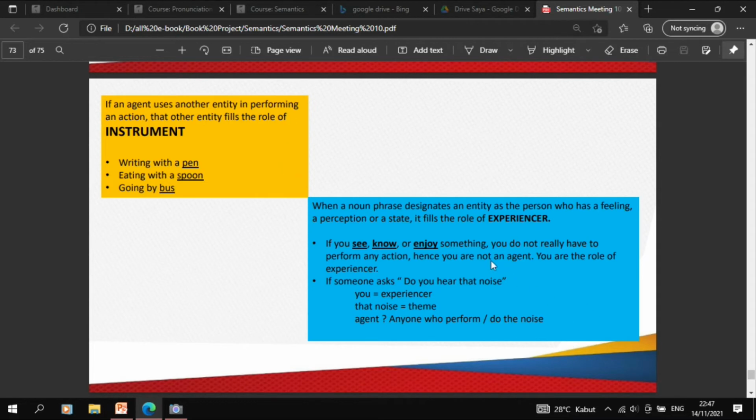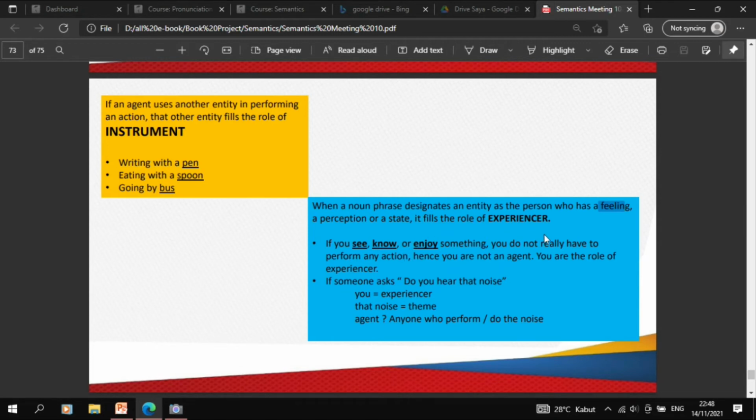Okay, and then when a noun phrase designates an entity as the person who has a feeling, a perception, or a state, it fills the role of experiencer. So what is experiencer? Most of the time the verbs are about feeling, perception, or state. So if you know or enjoy something, you do not really have to perform any action.